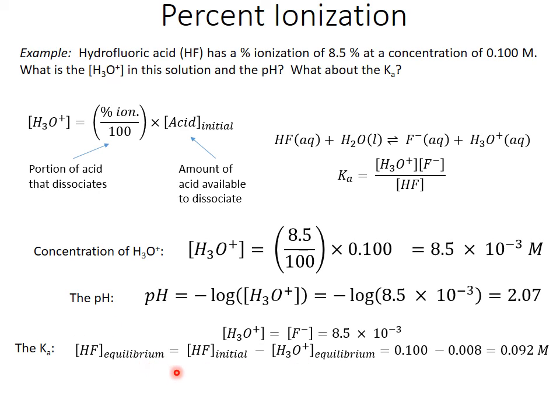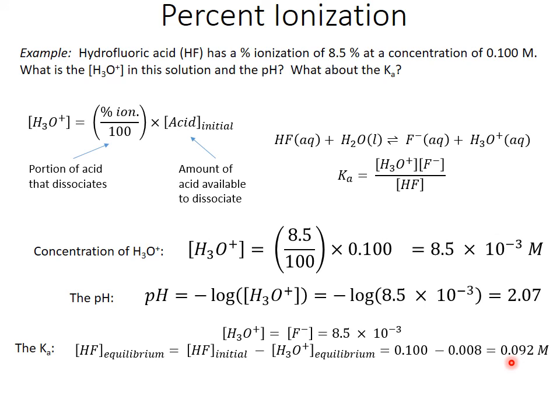Now that's because the H3O+ comes out of that initial pool of HF. It reduces the amount of HF there. So if we remove the amount of H3O+, what we have left will be the equilibrium HF. We plug this in, 0.1 minus 0.008. We get that the equilibrium concentration of HF is 0.092 molar.